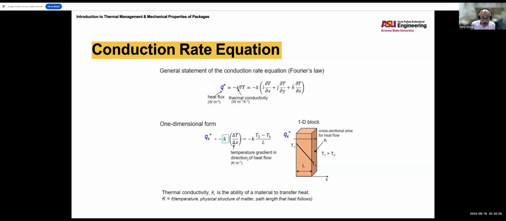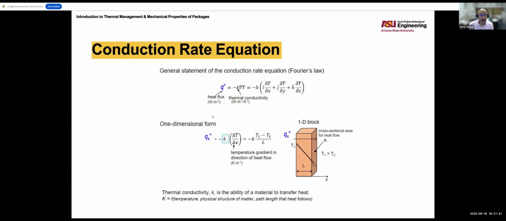There will be a condition where the distance that the heat has to transfer is much shorter in one direction than the other two directions, and we will design our package such that we get the heat out through the shortest distance possible. That's the general design rule. Now, there may be instances we'll see later on when we have fins and so forth. Especially in convection, we're going to try to increase the surface area such that we can get more heat out.